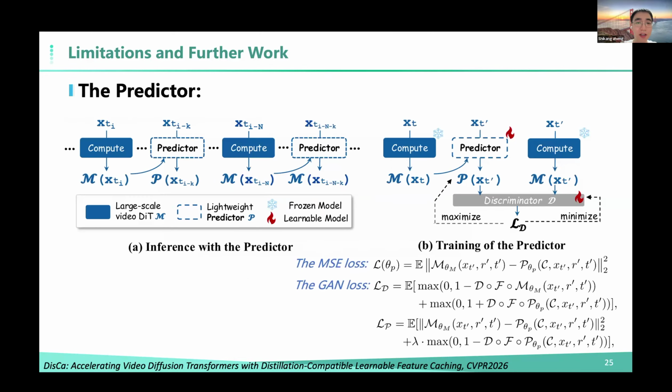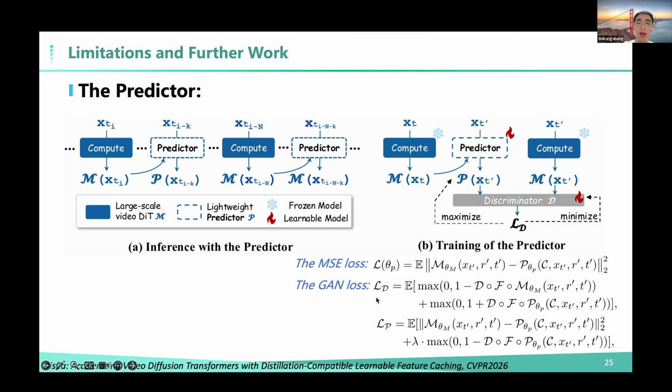And then after turning this large video model into a few-step generation model, we try to train a small caching predictor. Instead of using training-free caching, we train a small predictor to predict the feature, because in a distillation model it is much harder to predict the feature. There are two losses we actually used for training the predictor.